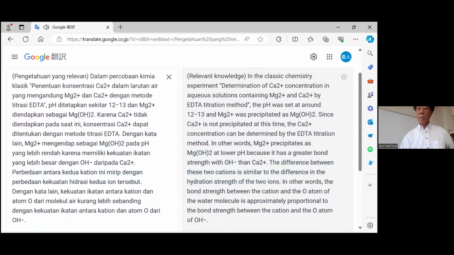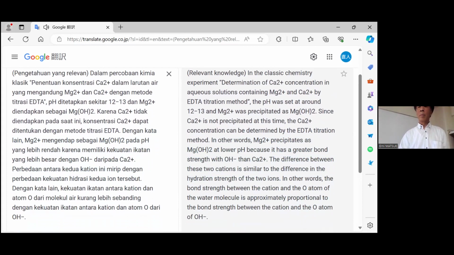Relevant knowledge: in the classic chemistry experiment, determination of Ca2+ concentration in aqueous solutions containing Mg2+ and Ca2+ by EDTA titration method. The pH was set at around 12-13 and Mg2+ was precipitated as magnesium hydroxide. Since Ca2+ is not precipitated at this time, the Ca2+ concentration can be determined by the EDTA titration method.